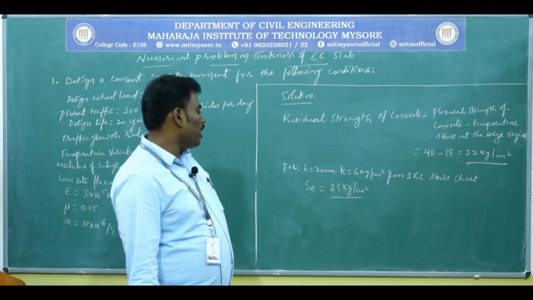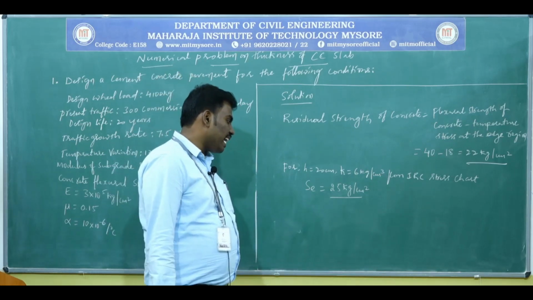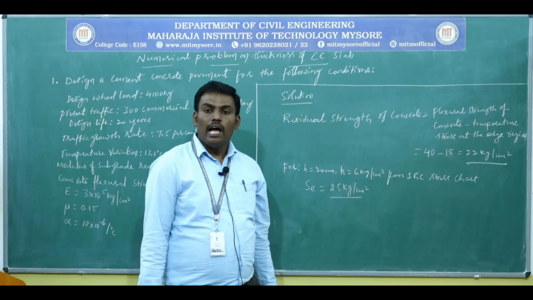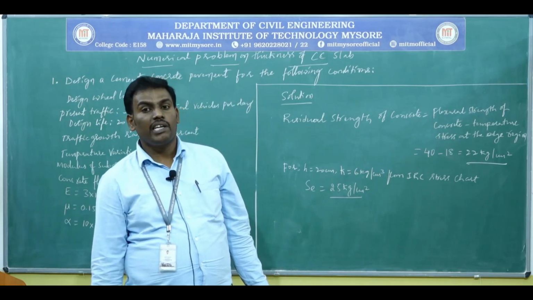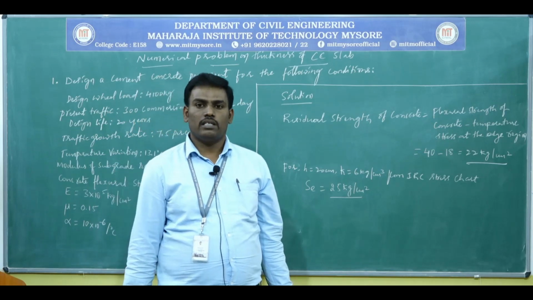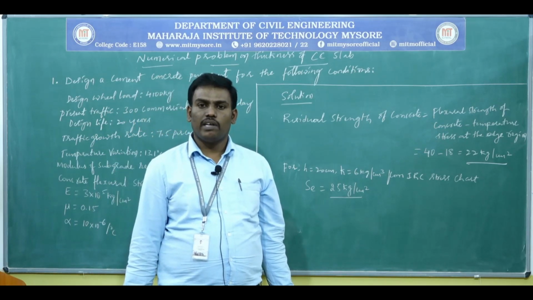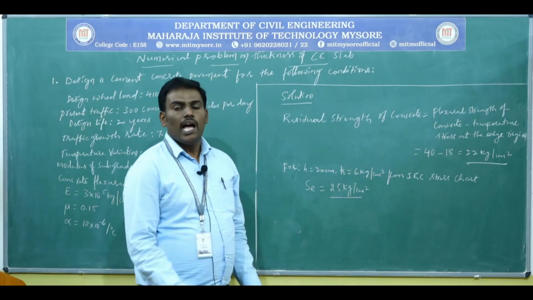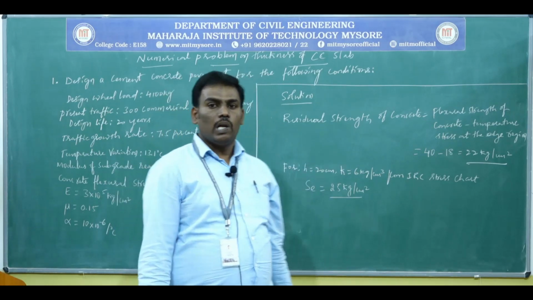Is it clear? Once you have the wheel load stress at the edge region, you need to check the available factor of safety on wheel load stress. In the next step you need to find the available factor of safety on the load stress.